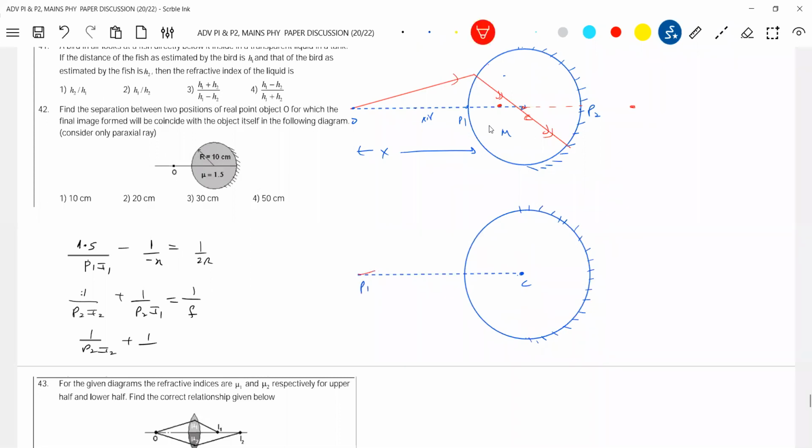Next set of rays will be like this. This will be after reflection.